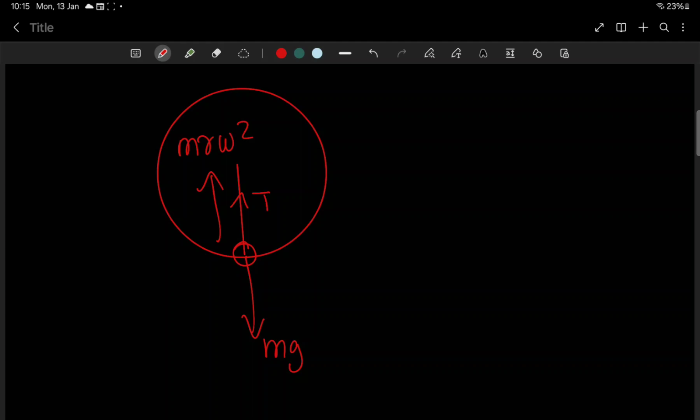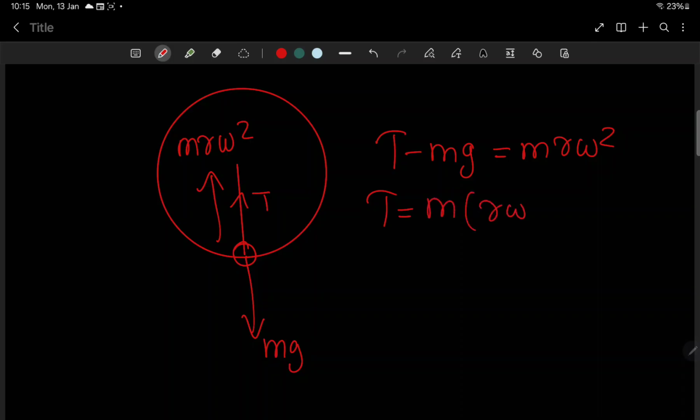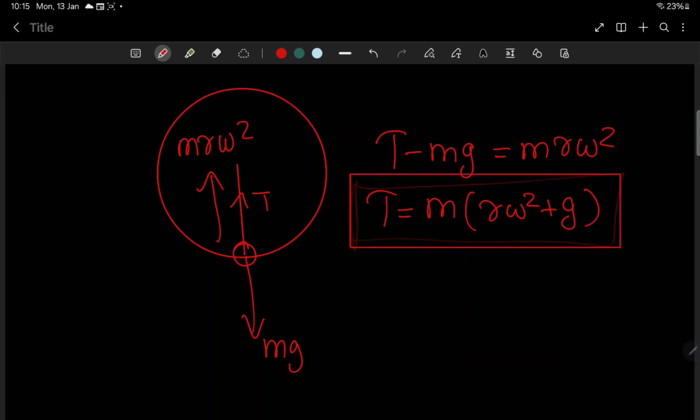So from here we can understand that tension minus mg is equal to mr omega square. Therefore tension can be easily written as m into r omega square plus g, right? This is the formula from here.